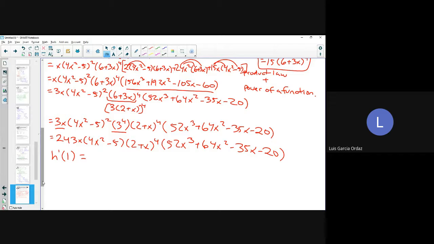So sub in 1 for x in the derivative, and then type in the chat what number you get.